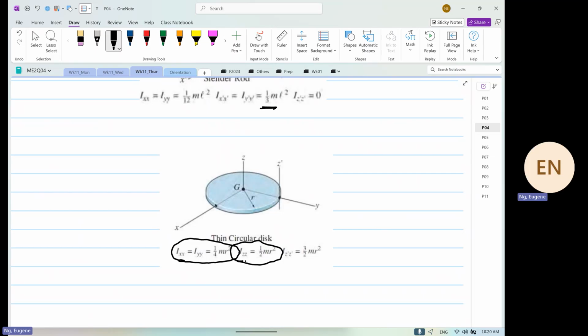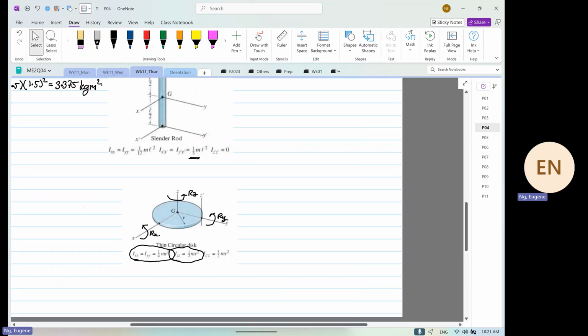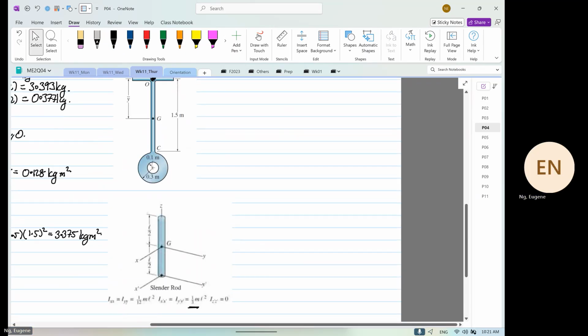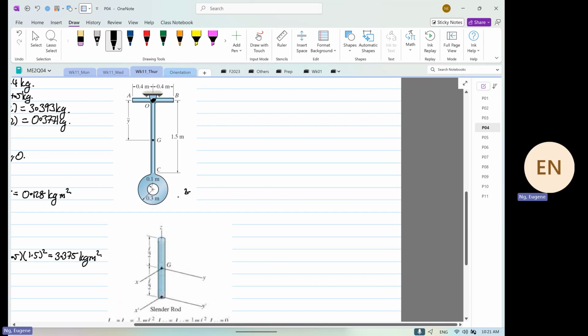Over here, this is going to do a rotation about the x-axis, this one about the y-axis, and this will be a rotation about the z-axis. When you look at your diagram, if z is coming out, which way will this rotate?